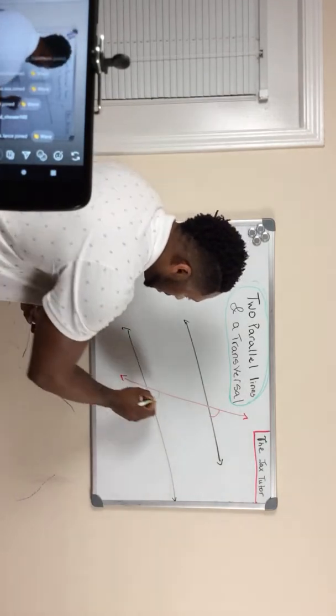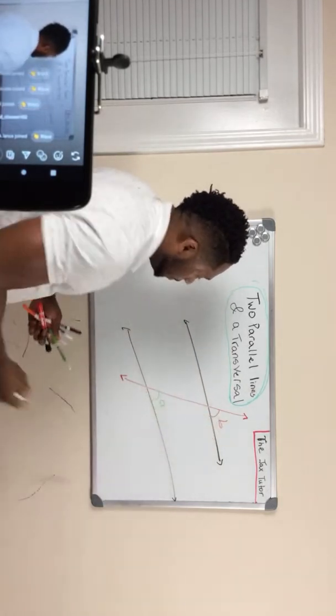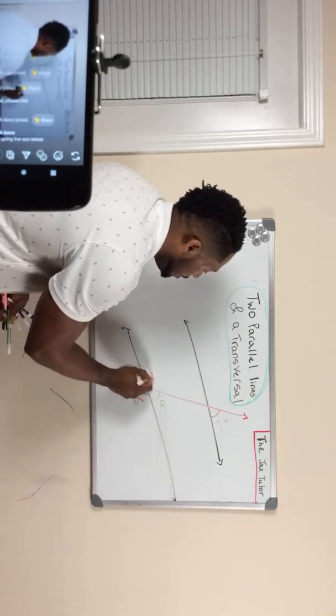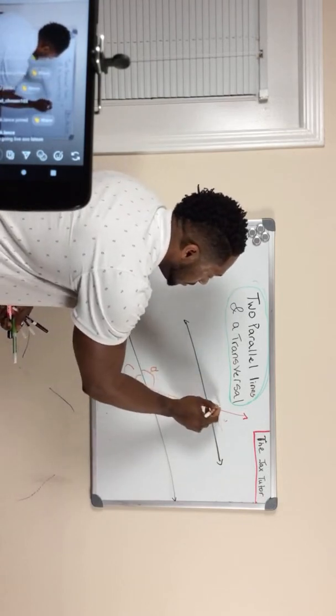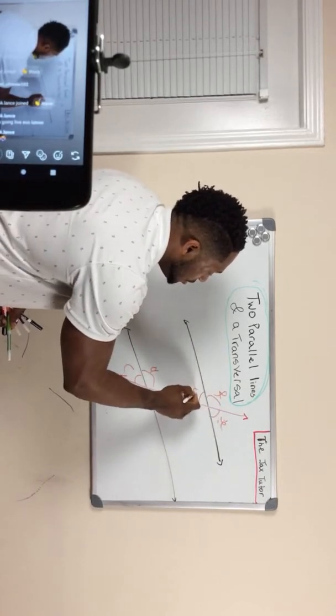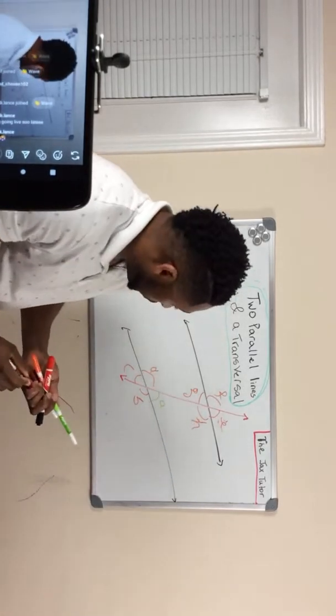You can name this A, you could name this B, and then A, B, C, D, E, F, G, H. Okay, so you name them the way you want to.